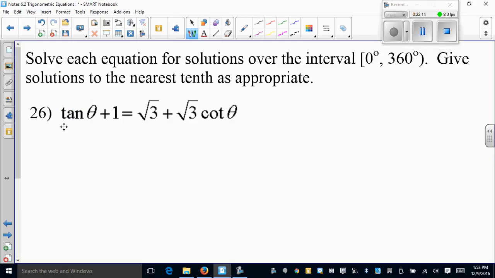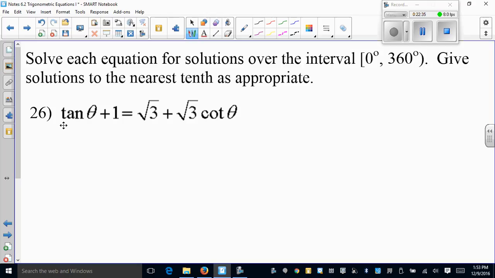This one here, again, between 0 and 360 degrees. Again, we have tangent and cotangent, but luckily they are reciprocals of each other.